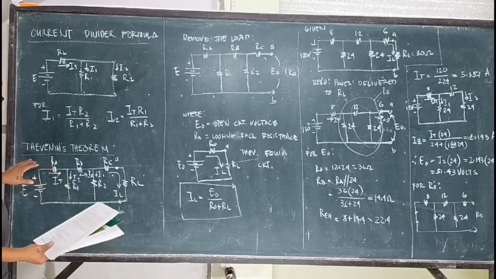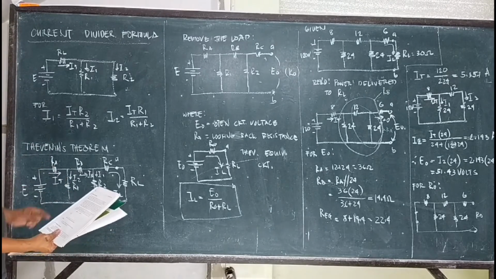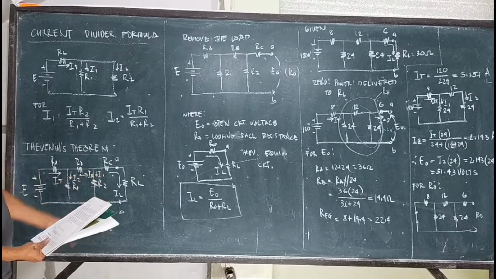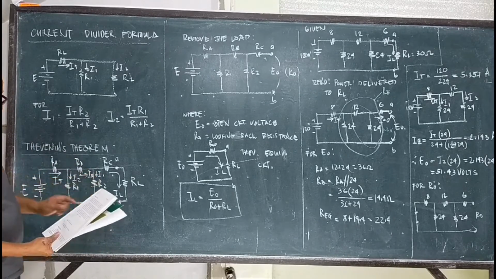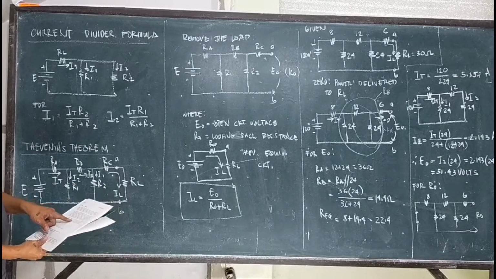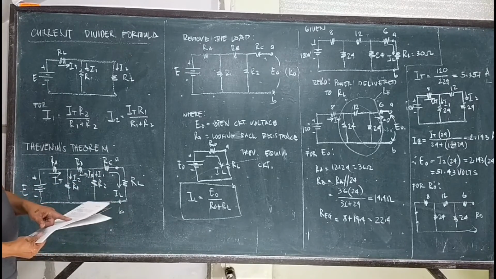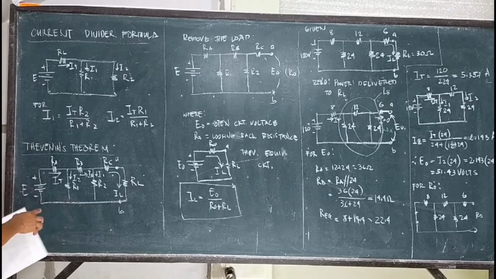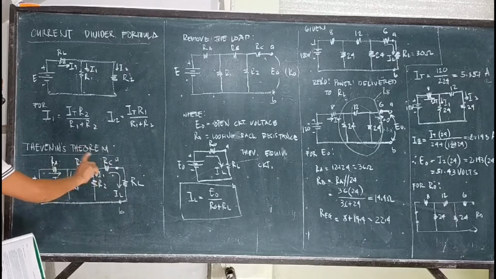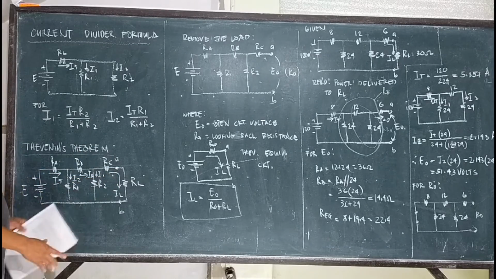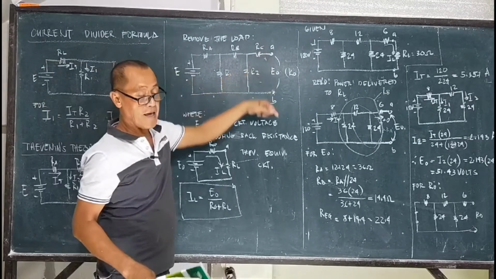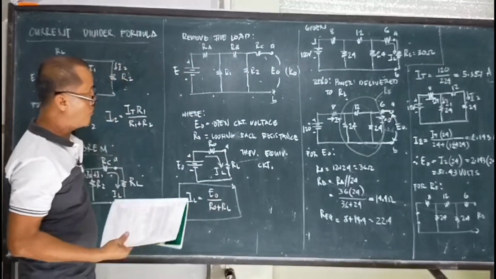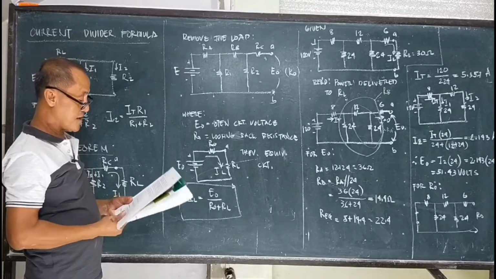Now, again, Thevenin's theorem states that any network with two open terminals, terminals A and B, can be replaced by a single voltage source in series with a single resistance, which is R sub O. The E sub O can be replaced with a single voltage, E sub O, measured on terminals A and B. Later, I will explain how to get E sub O in the process of using the open circuit test.